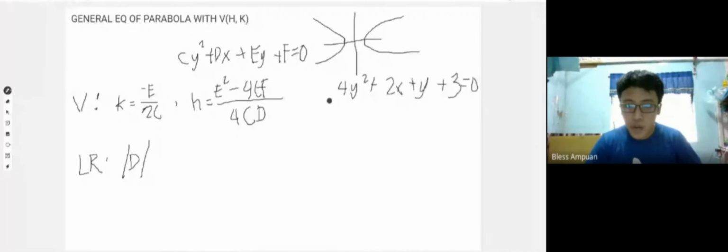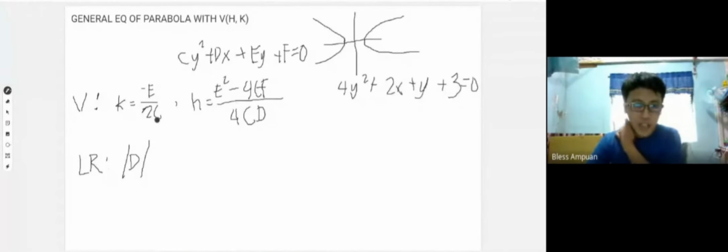Taking the example 4y squared plus 2x plus y plus 3 equals 0, to find the ordinate of the vertex, negative e is the coefficient of y, which is negative 1. Just get the values of the coefficients and substitute in our formula. Our c is 4, so negative 1 over 2 times 4, this is negative 1/8.